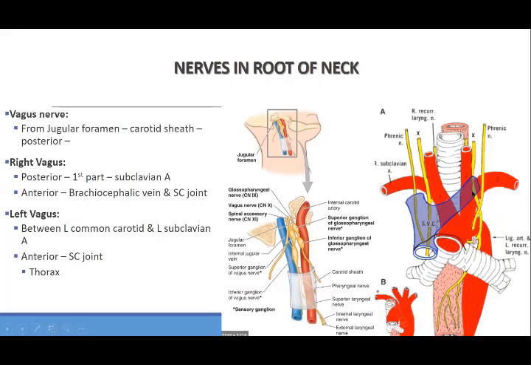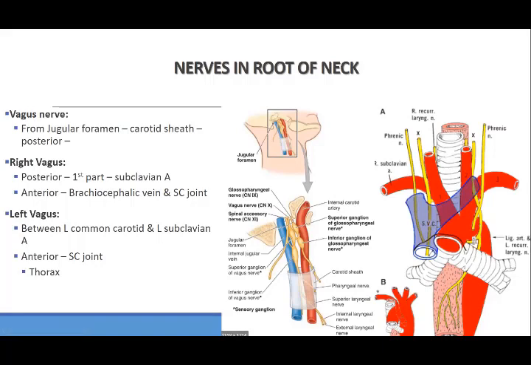And for doing so, it passes behind the brachiocephalic vein, left side, and it also passes behind the sternoclavicular joint. So lying anterior to the 10th cranial nerve is the sternoclavicular joint, but before that it's also the brachiocephalic vein. Okay? And then of course it enters the thorax where it is lying anterior to the arch of aorta.